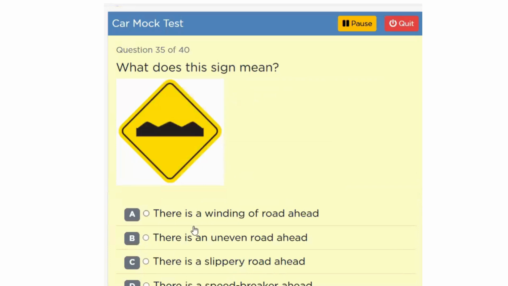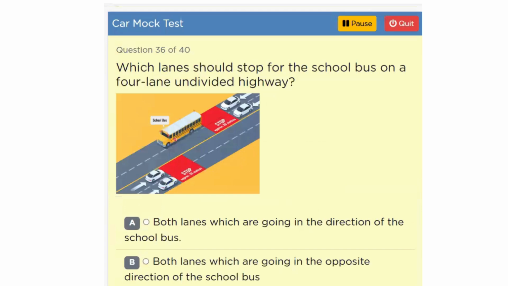What does this sign mean? There is a winding of road, no, uneven road. Which lanes should stop for the school bus on a 4-lane undivided highway? For sure, these two.